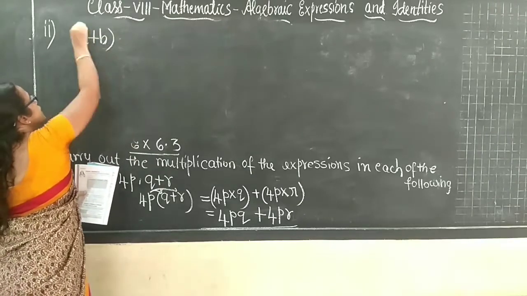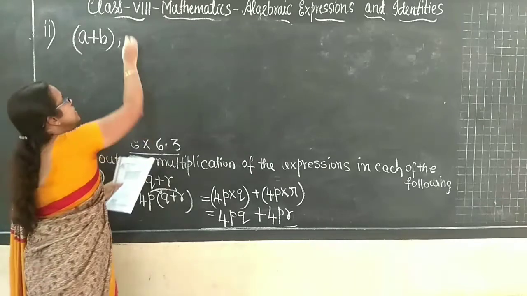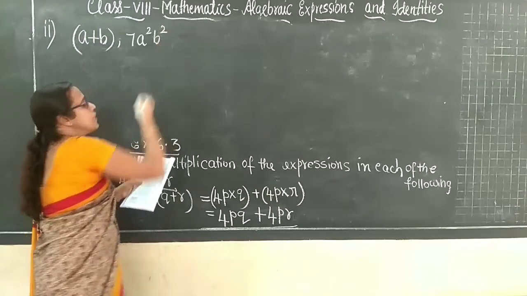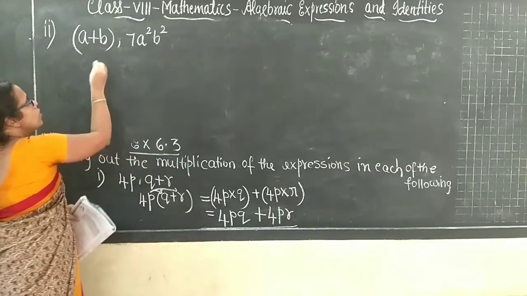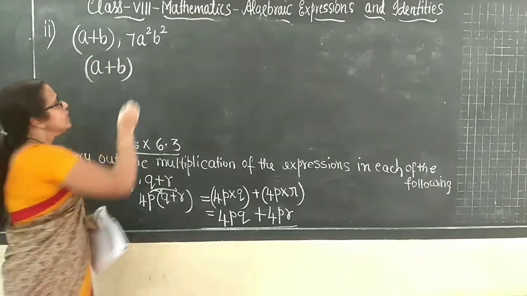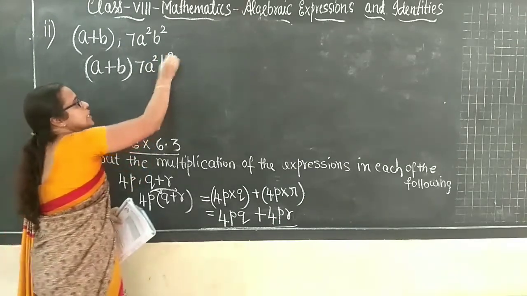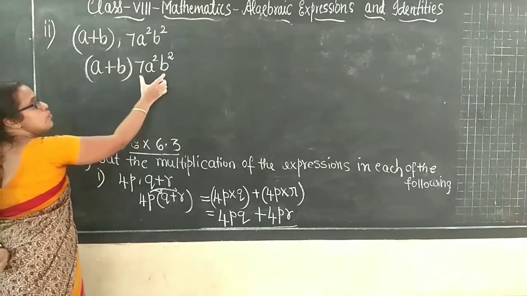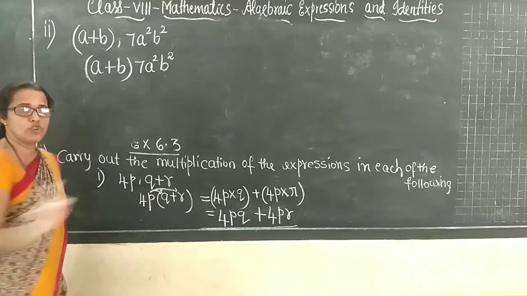a plus b into 7a square b square. So how can I multiply this? This is monomial, this is binomial. If I give it here and there, it's no problem.